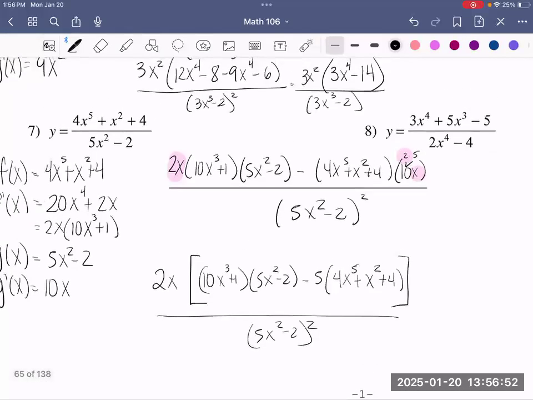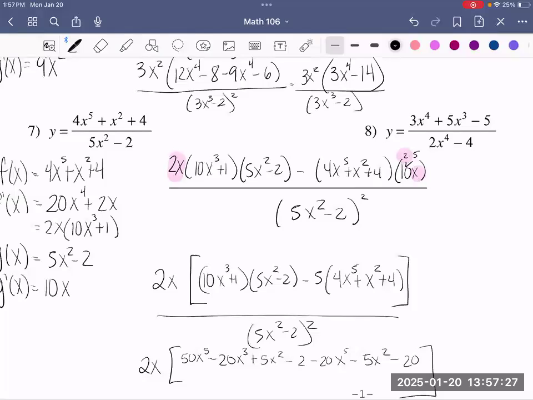We can keep going if we want, looking at your numerator. Let's see, we get 50x to the 5th minus 20x cubed plus 5x squared minus 2 minus 20x to the 5th minus 5x squared minus 20.